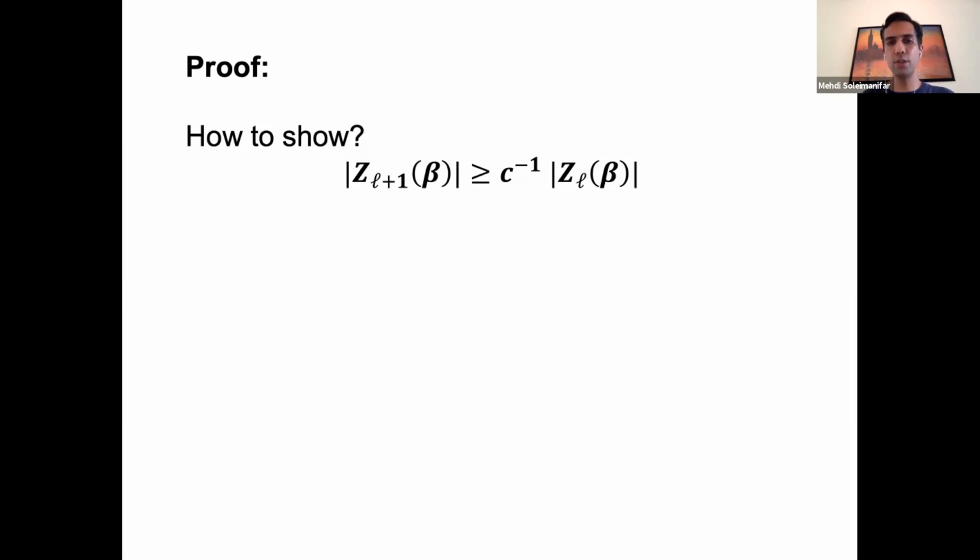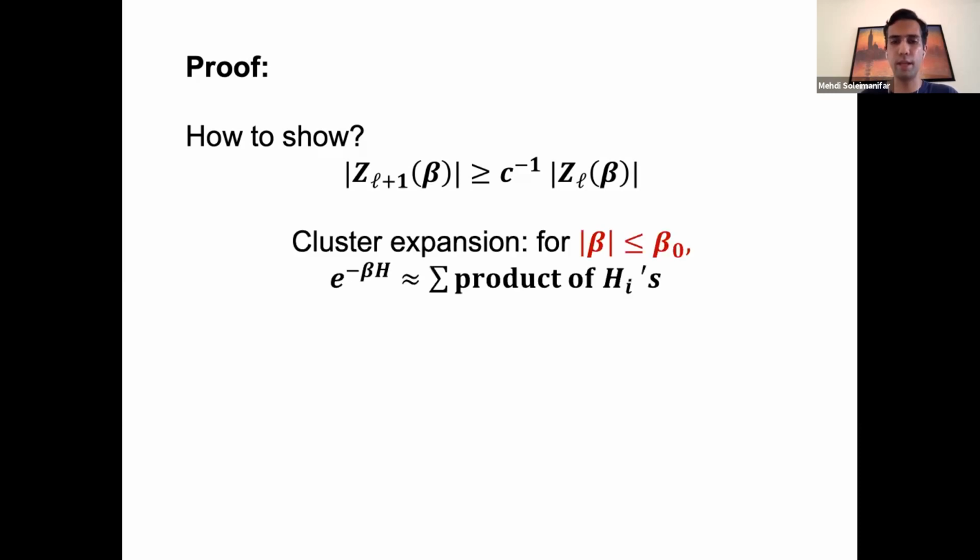All right. So how do we show this lower bound on the partition function after we add a spin? That's where we use the cluster expansion. If you've seen them, how they work for classical spin systems is similar in the quantum settings, but there are subtleties because, as I said, the local terms don't commute, and you need to be careful how you prove the convergence. But basically, these cluster expansions allow you to expand the matrix exponential in terms of this sum of the product of the local terms.